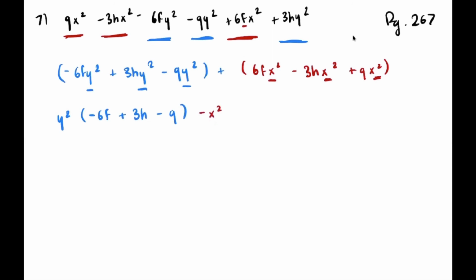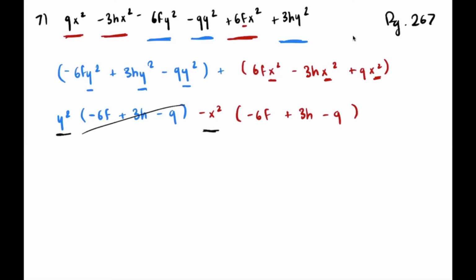Why did I put minus? Because, as you can see, the signs in this polynomial are opposite to this polynomial. So if we put x squared outside and then continue writing negative 6f plus 3h minus g, now these two are the exact same, which is required.